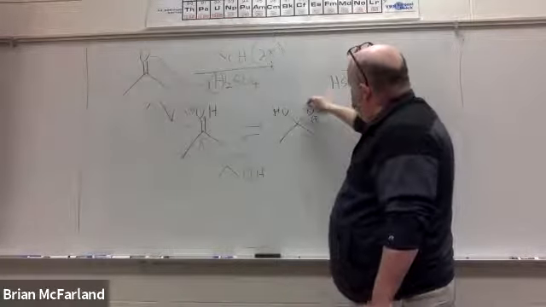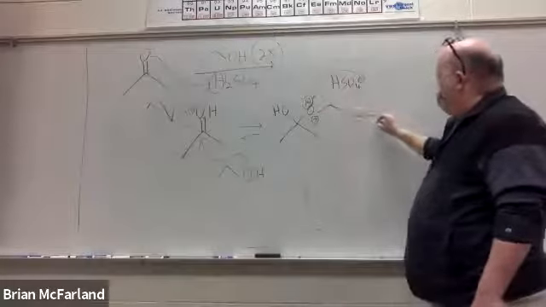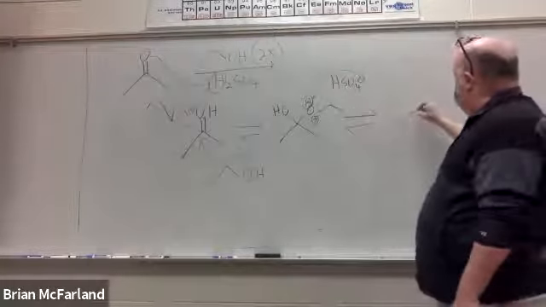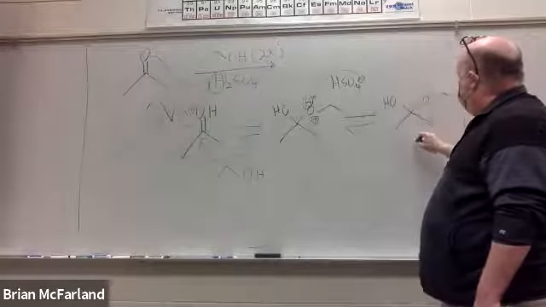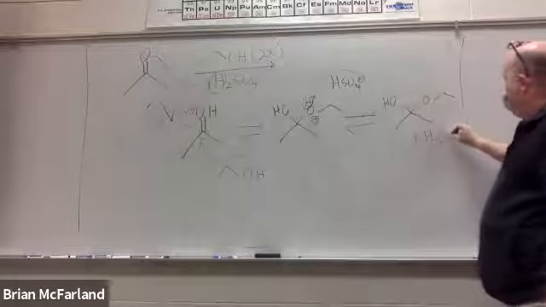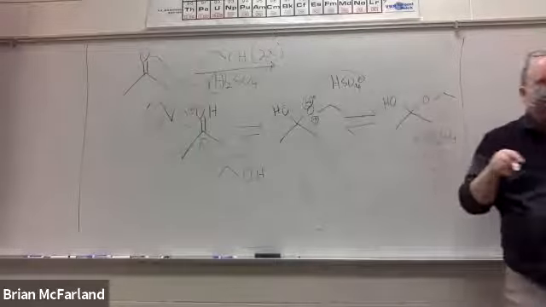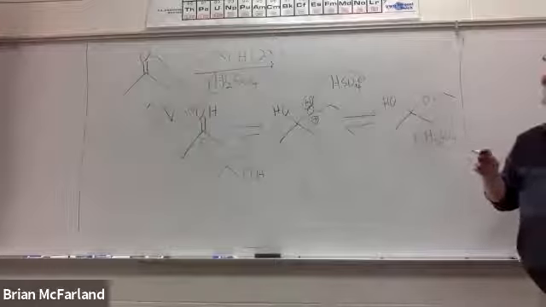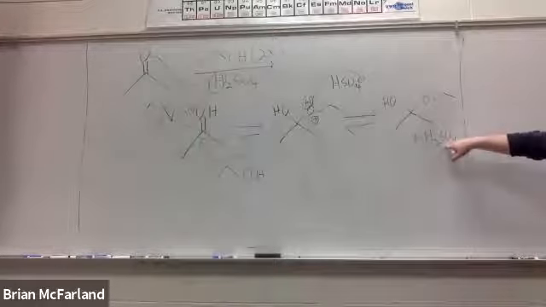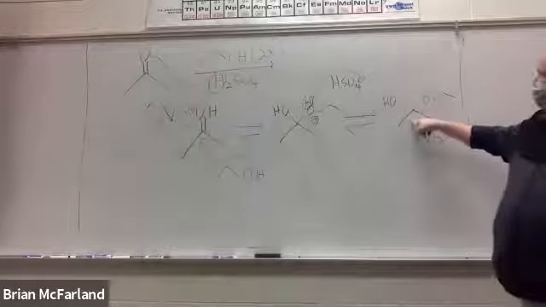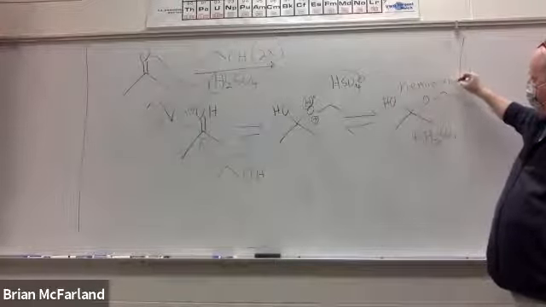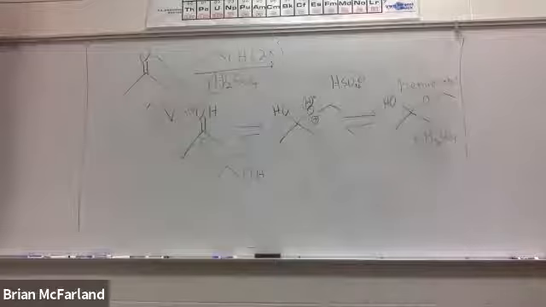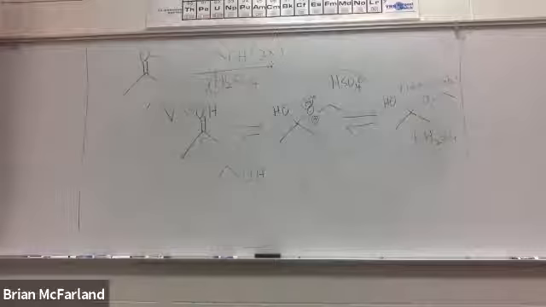HSO4 minus can come back in, grab that proton, and that's the end of phase one. So phase one begins with action of the acid catalyst, and it ends with the reformation of the catalyst, plus this guy, which if you look closely, you'll notice is a hemiacetal, or in this case, a hemiketal, if you would like to use that terminology.